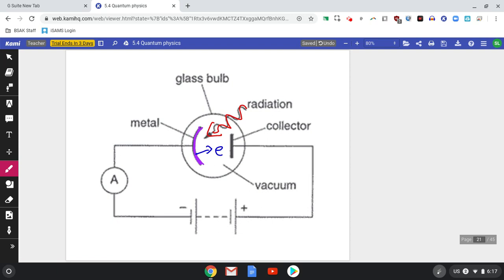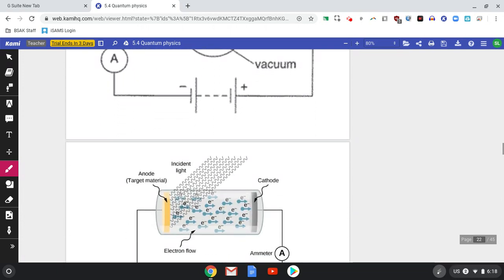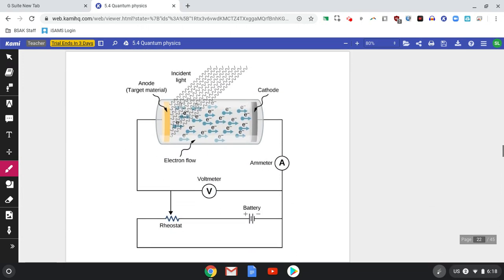Now we've got electrons going over to that side, then we've got a complete circuit, and we can measure the current in that circuit. So incoming radiation, incoming photons cause electrons to be emitted, and then we've got a complete circuit, haven't we?